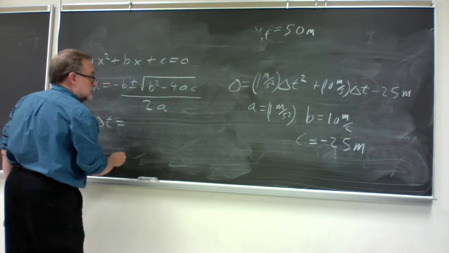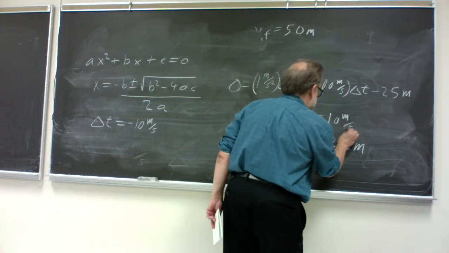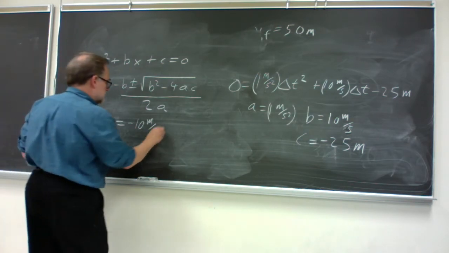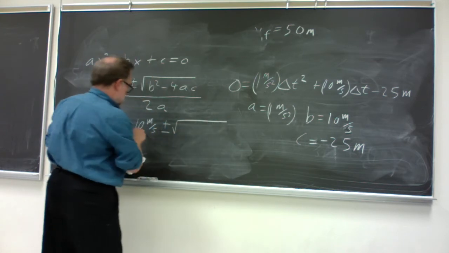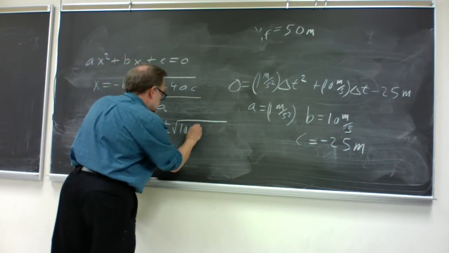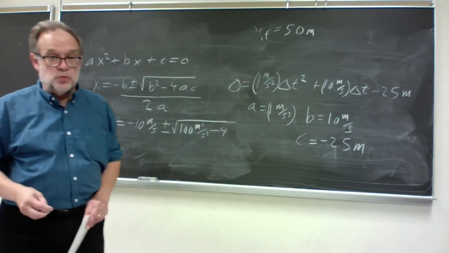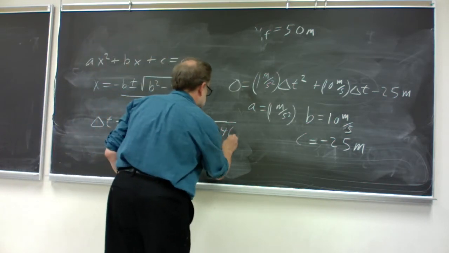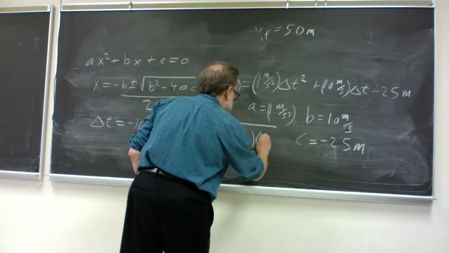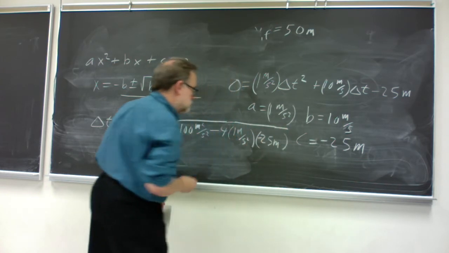B is 10 meters per second, so that's minus 10 meters per second, and then plus or minus the square root of b squared. 10 meters per second squared is 100 meters squared per second squared, minus 4 times a, which is just 1 meter per second, times c, which is minus 25 meters.